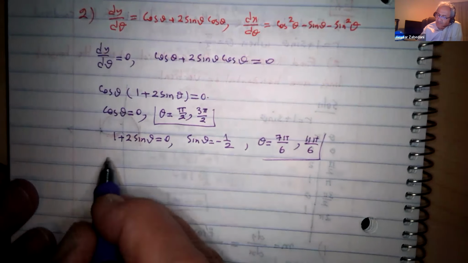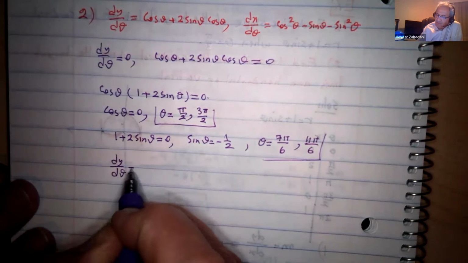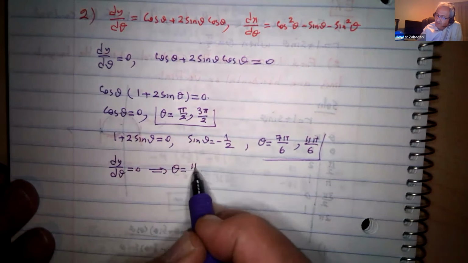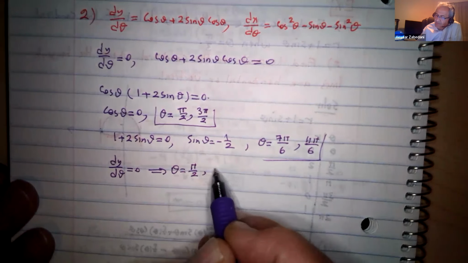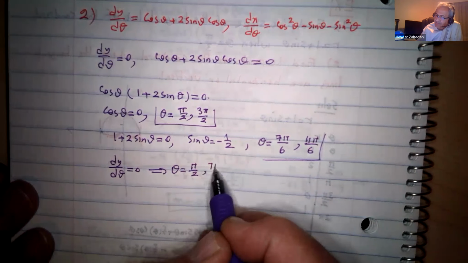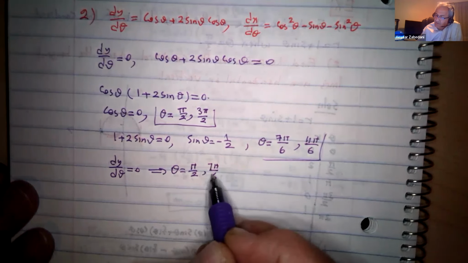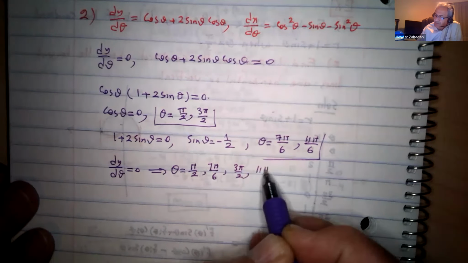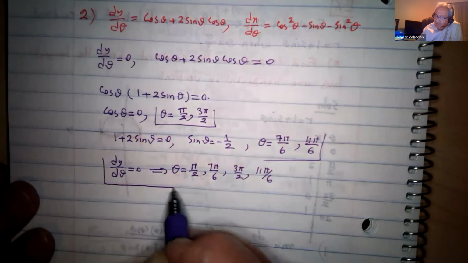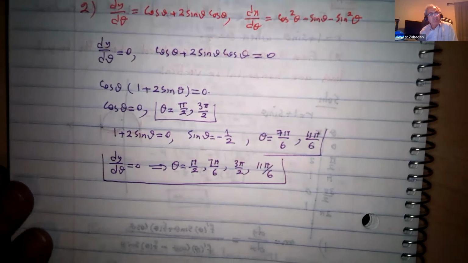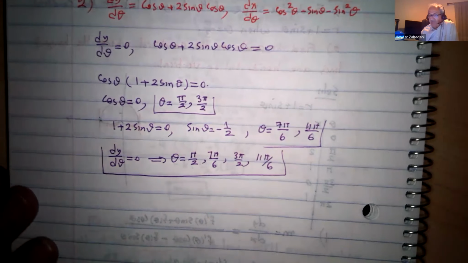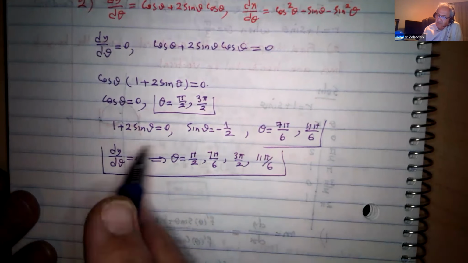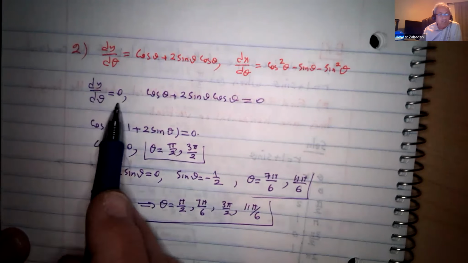So basically, dy/dθ equal to 0 implies that θ is equal to pi/2, 7pi/6 (210), 3pi/2 (270), and 11pi/6. These are the possibilities for a horizontal tangent line, but you have to exclude the zeros of the denominator.